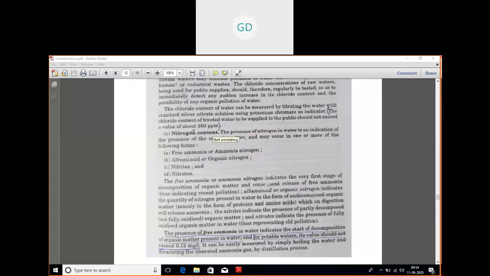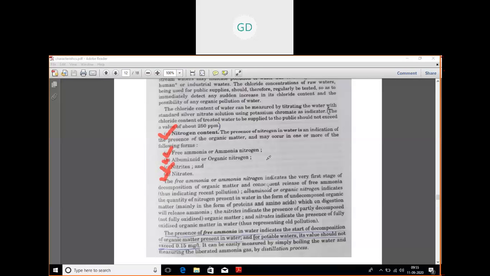So if nitrogen is present, that indicates that the water sample has organic matter in it. The nitrogen content can be in any of the following four forms. Number one is your free ammonia or ammonia nitrogen. Second is your albuminoid or organic nitrogen. Third is your nitrites, and fourth is your nitrates.